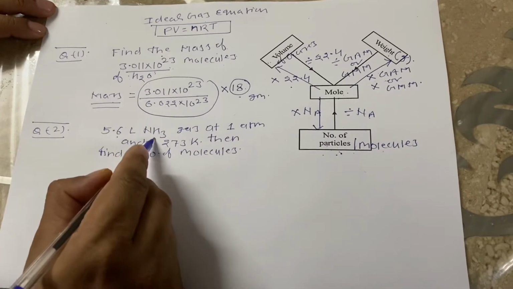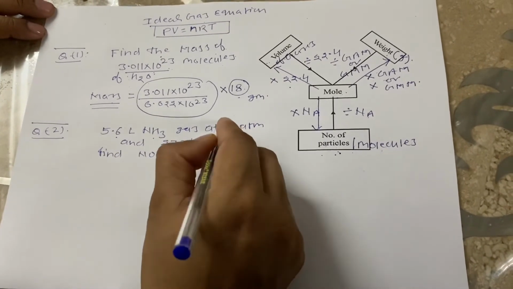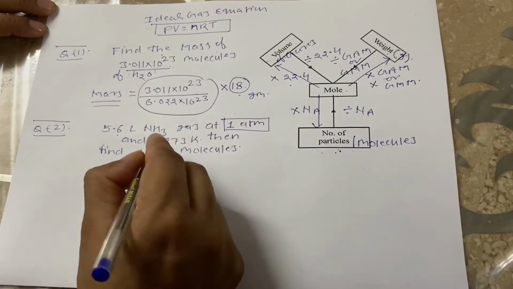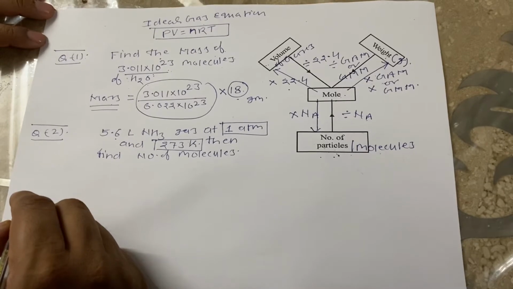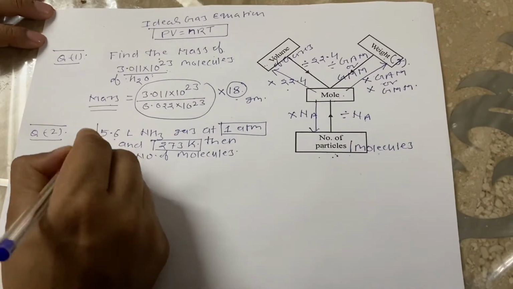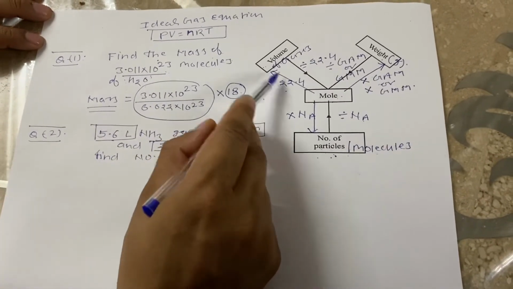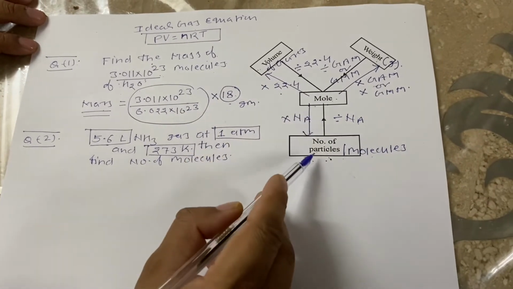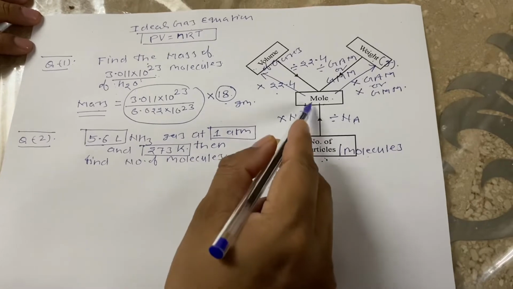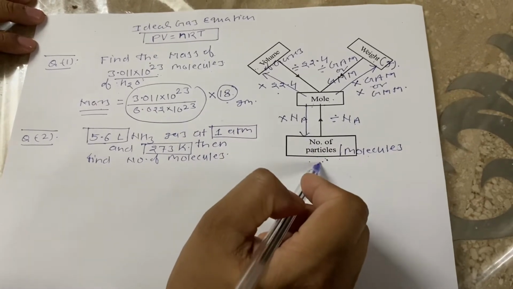If you notice this condition, 1 atm and 273 Kelvin, this is the condition of NTP, which is normal temperature and pressure. So the 5.6 liter ammonia gas is first converted into moles, and since we wish to calculate the number of molecules, we then convert the moles into the number of molecules.